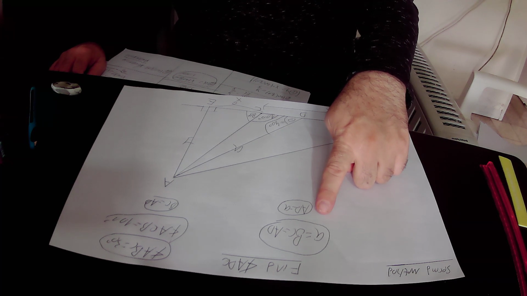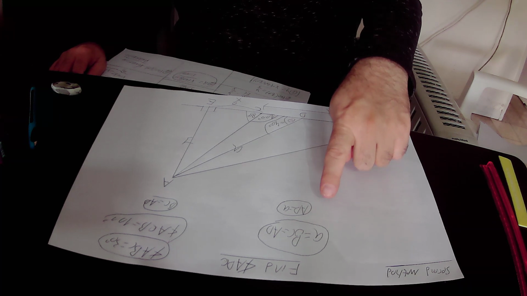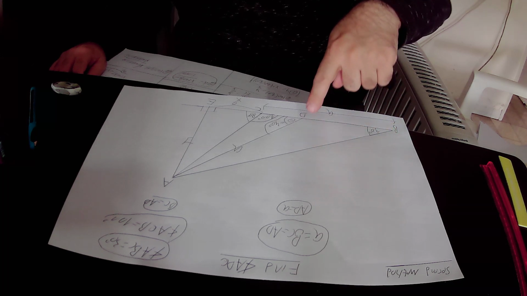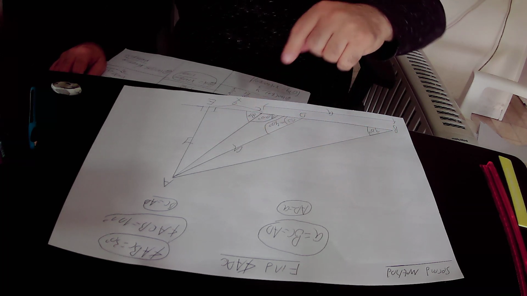From this equation that A equals BC equals AD, we derive that AD also equals A.